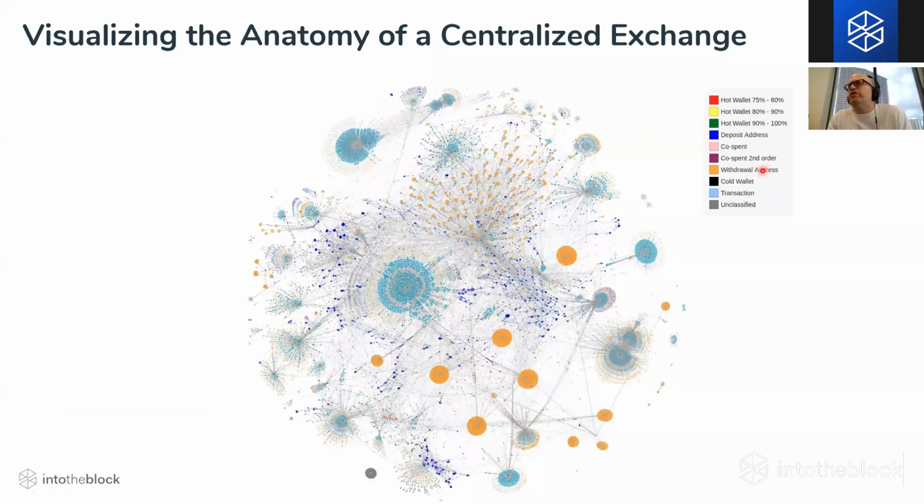For instance, the withdrawal addresses are the oranges; you can see the clusters of orange. The deposit addresses are blue, and these are the clusters. And then transactions are light blue, so you're seeing many transactions into a withdrawal, many deposits into transactions, many transactions into withdrawals. So this is how our machine learning model tries to think about an exchange.